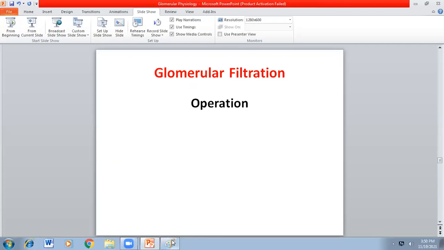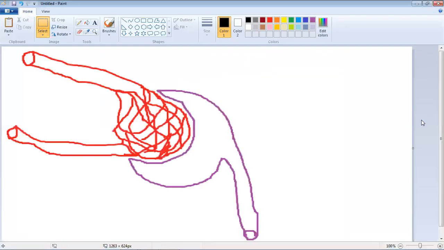Now let me show you this operation by my very poor handmade drawing, but I think that will be more helpful for you. So I try to draw it. This is the typical glomerulus or glomerular capillary, and on one side is the Bowman's capsule.